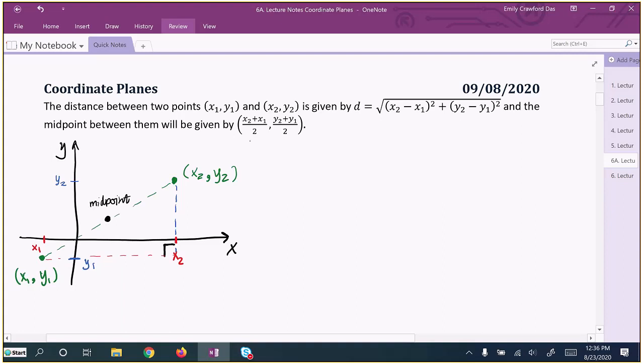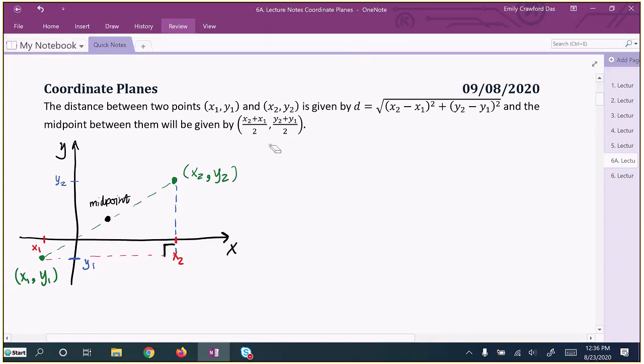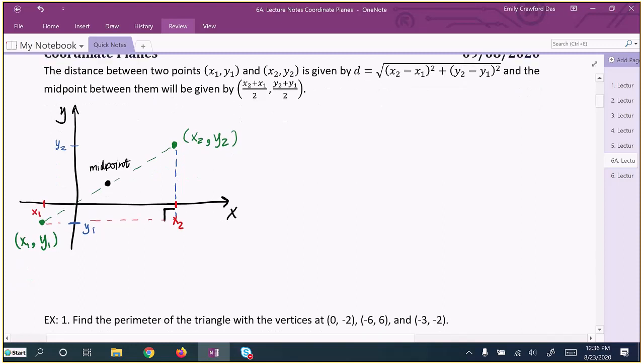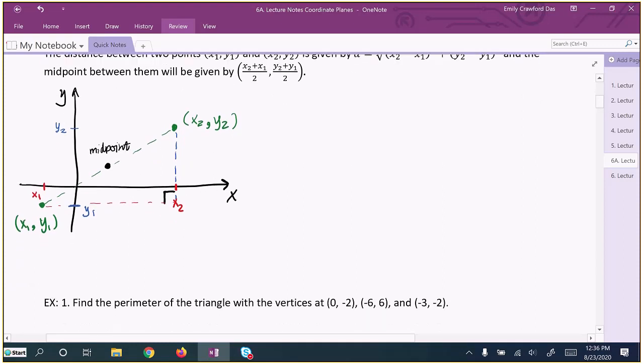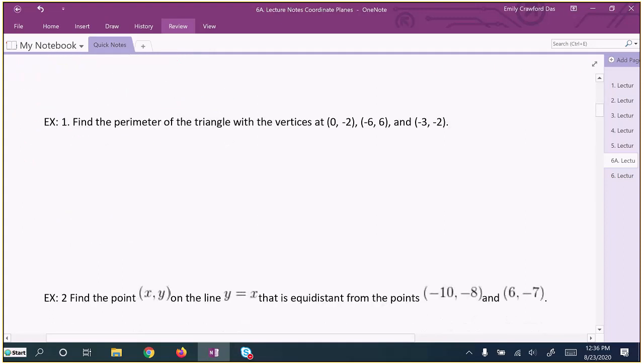And so that's exactly what the midpoint formula says. It says add the 2 x coordinates and divide by 2, add the 2 y coordinates and divide by 2, and that's going to give you the x and y coordinates of the midpoint. So hence we have these 2 formulas, distance formula and midpoint formula, and we can use them to do a variety of different things. So here's an example.